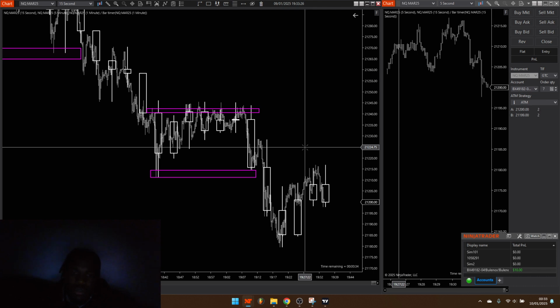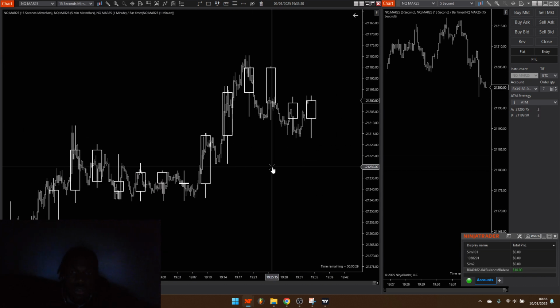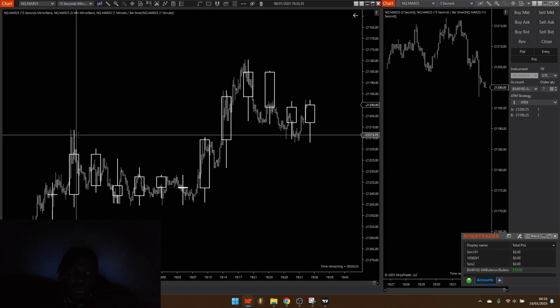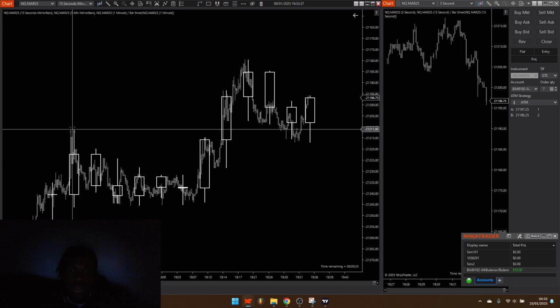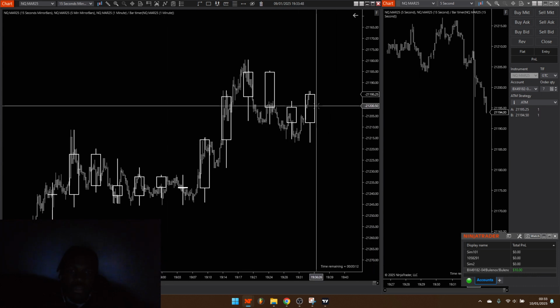So if I were to, in fact, let me just check it inverted. You see a move back into the previous range. You would still be buying high.